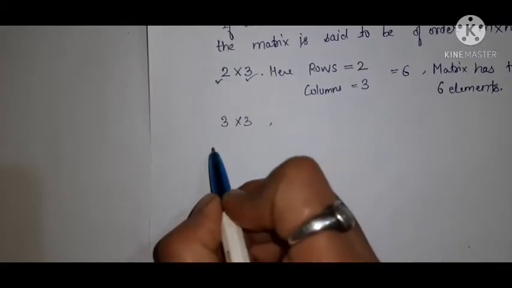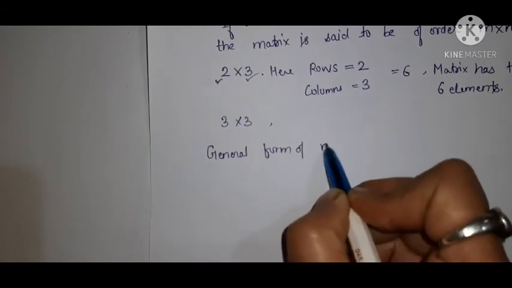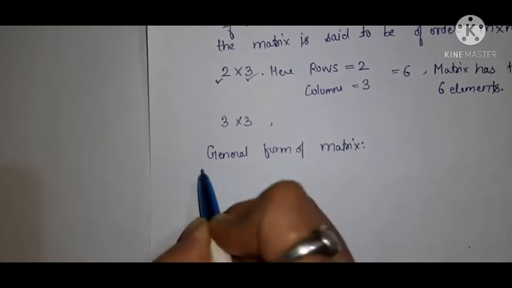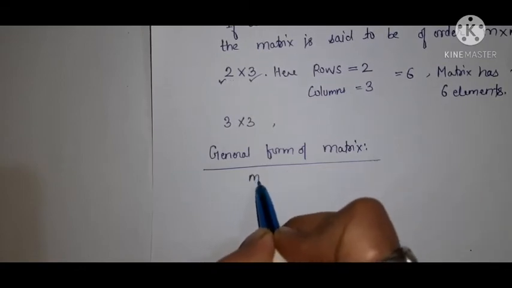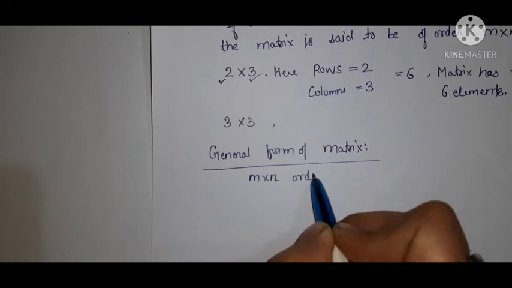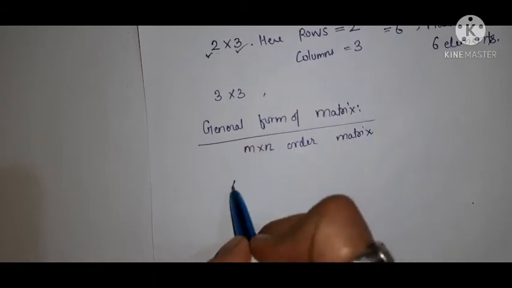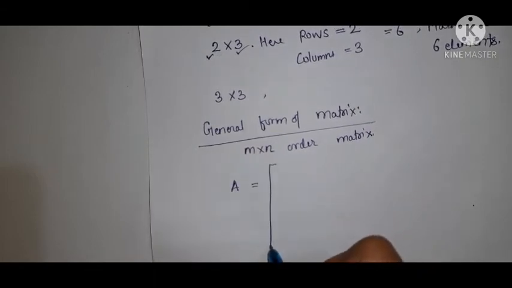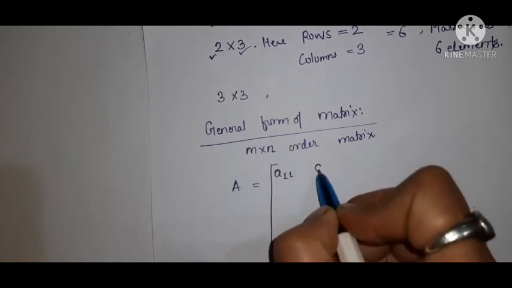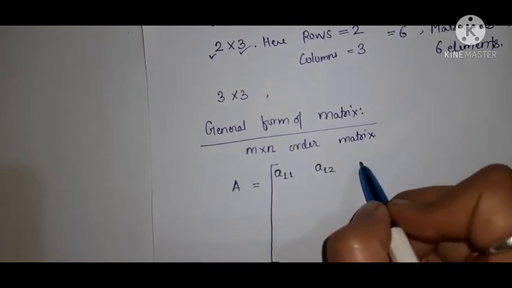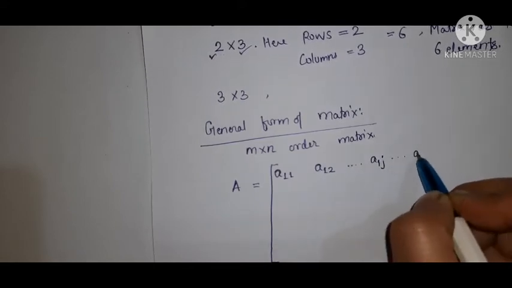General notation or general form of matrix. Suppose we have M cross N order matrix, means M rows and N columns. So we just write A11, A12, A1j up to A1n.